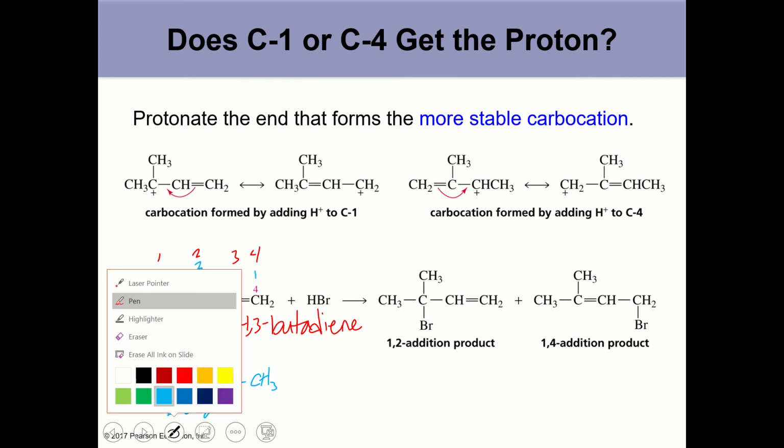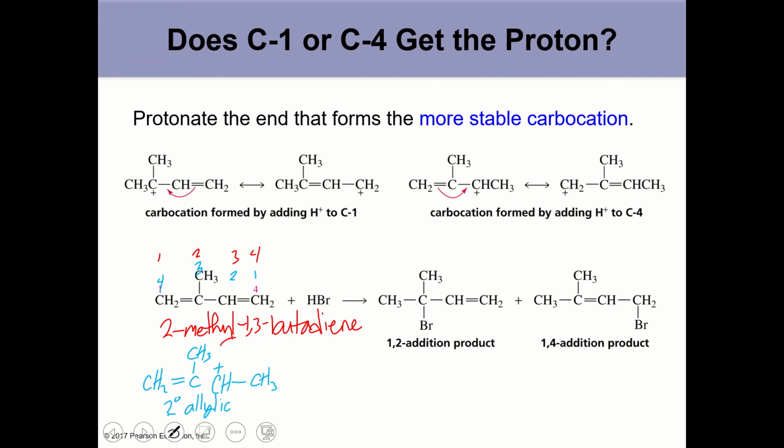So if we draw the cation that comes from the numbering shown in red above, we would have CH3, C, positive charge, CH double bond, CH2. So this is a tertiary allylic cation.